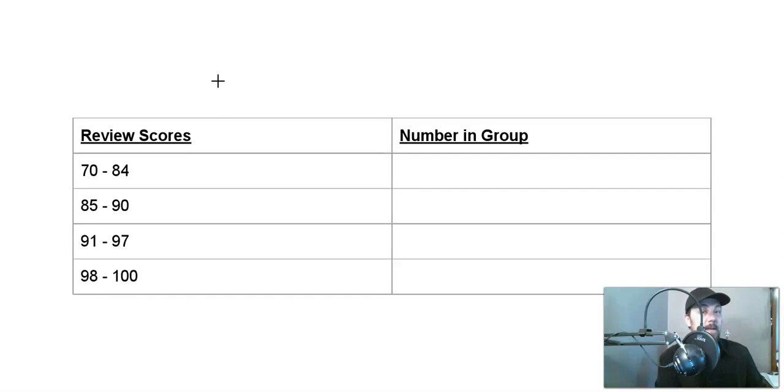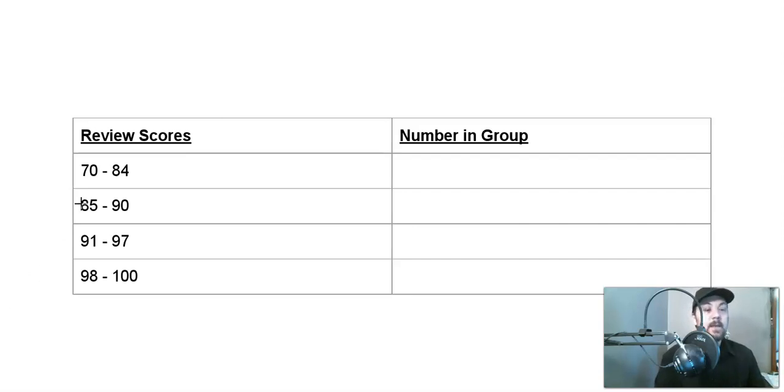For this particular set of data, it seems to be skewed more towards the 100s, right? It's skewed to the right. There's less values on the lower end. It seems there's more values on the higher end. And so you might think, well, a good way to organize our frequency distribution, since there's more data values on the upper end, is to maybe make the groups bigger on the lower end so that we get more numbers there, right?